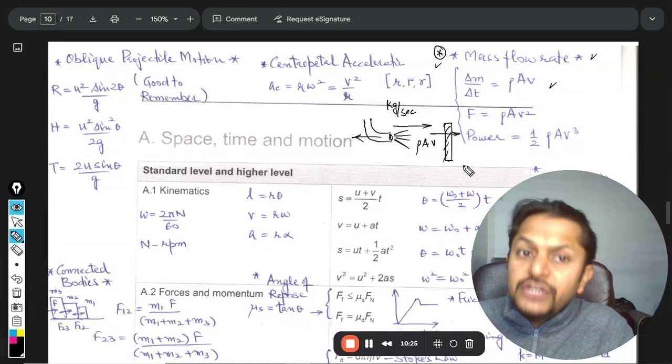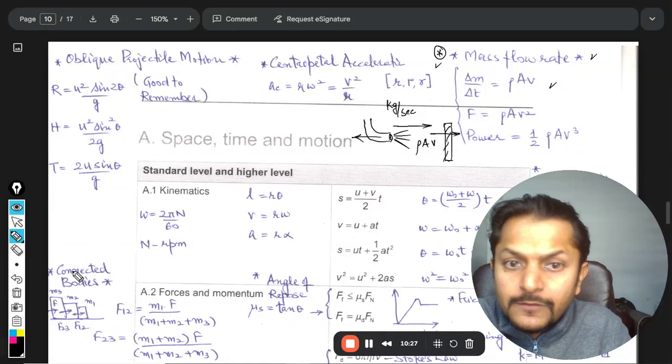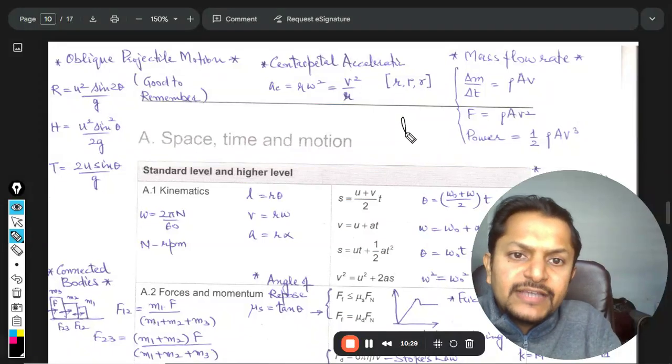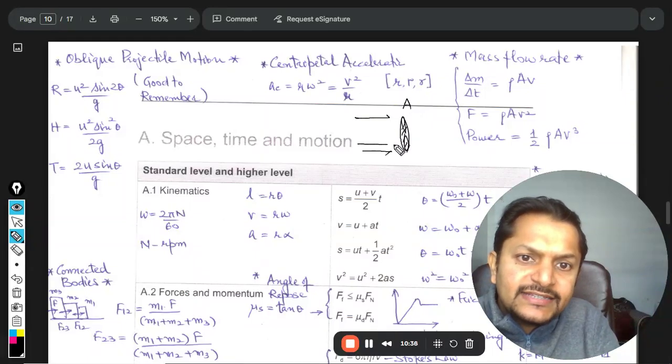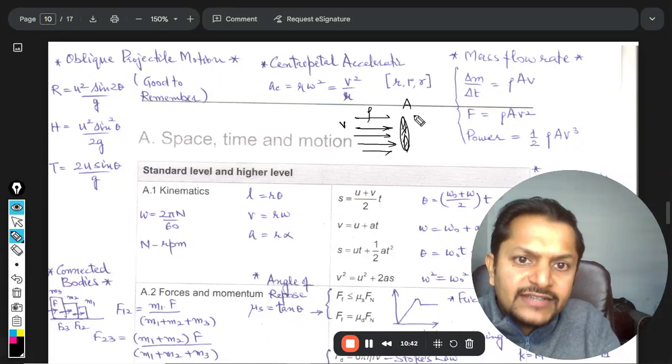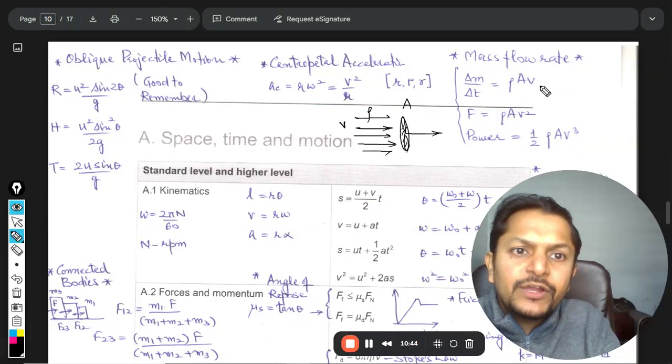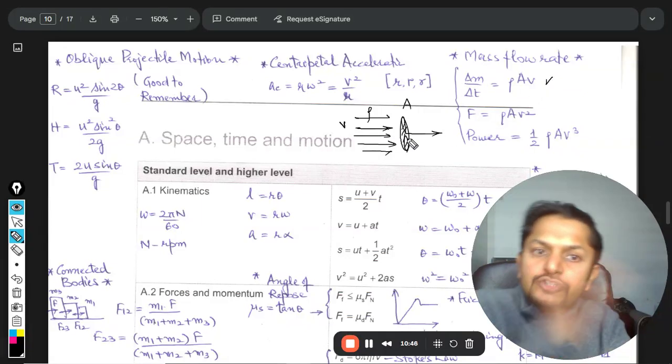You can use these formulas for the windmill also. For example, there is a windmill with area A, and the wind is blowing through this area. The velocity of the wind is v, the density of the air is rho, and the area is A. So what is the mass flow rate? Rho A v. What is the force of the wind?